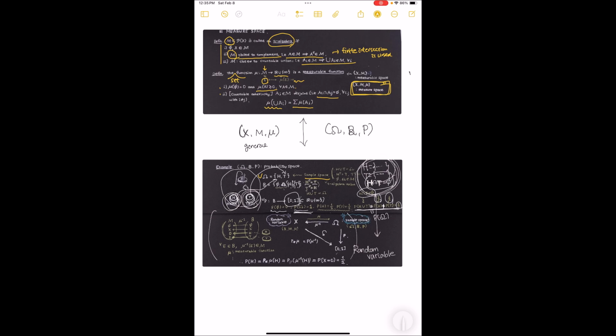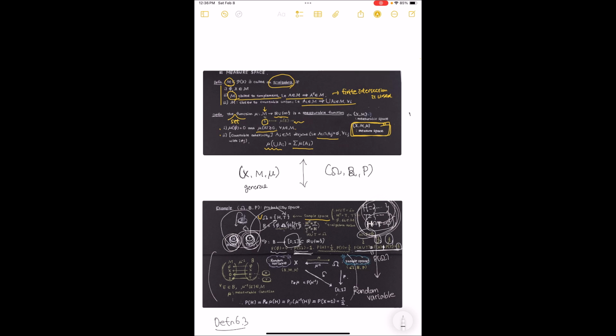In my lecture note, that is definition 6.1, that is example 6.2, and definition 6.3, I will deal with a measurable function.